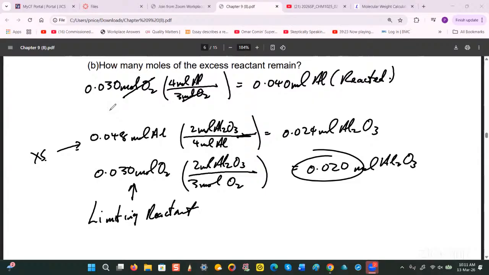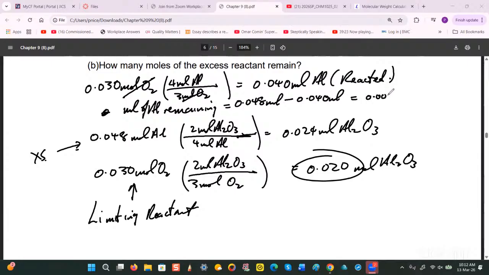So moles of aluminum remaining would be equal to 0.048 moles minus 0.040 moles, which will give you 0.008 moles. And that would be the answer. Okay, any questions about this one?